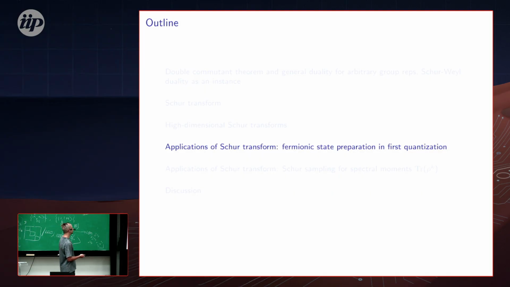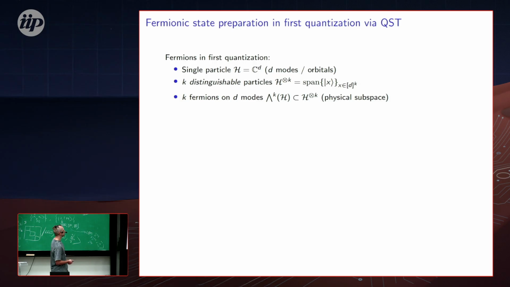So there are many applications. I just took a couple that are easy to explain. For example, consider fermions in first quantization. You have a single particle space that is C^d. I'm saying there are d orbitals, d modes. If I take the tensor of k of these things, this is the space of k distinguishable particles.